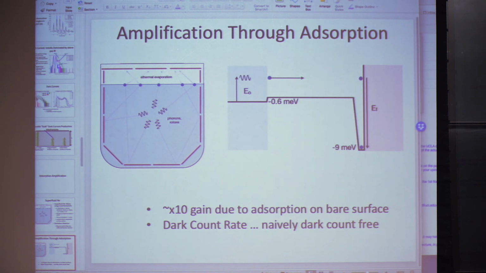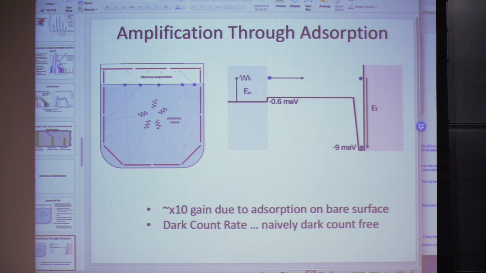This is a system that has no E field at all, and we're still getting a gain. So the hope is that because there's no E field, the dark count rate will be very, very tiny, and that we'll be able to get amplification for free, without any dark count or tunneling effects. So that's the basic concept here of absorption amplification.